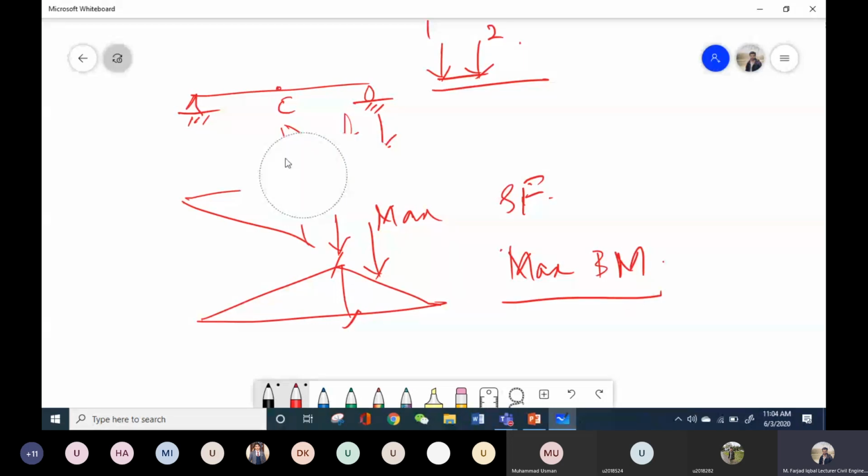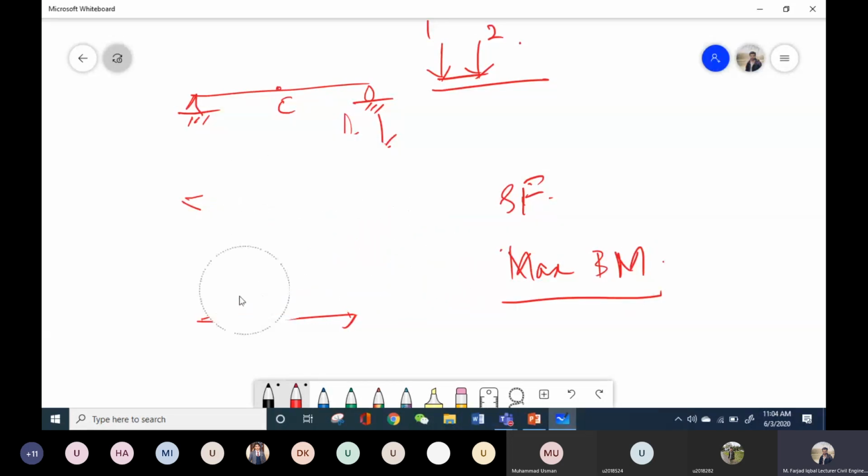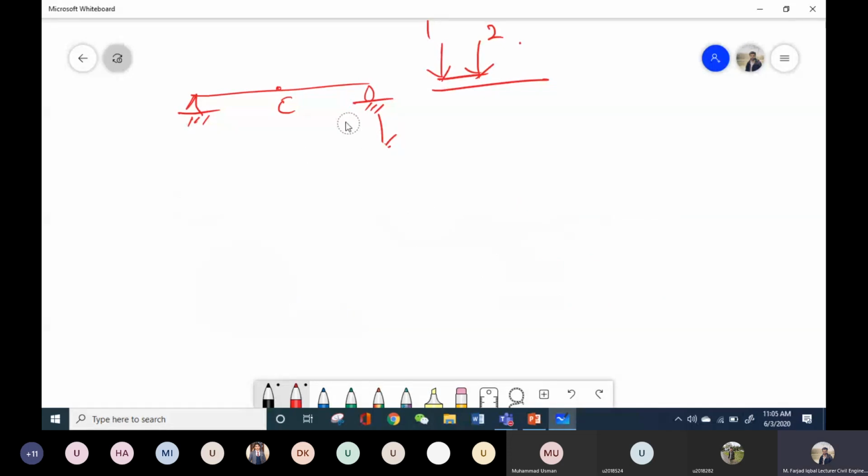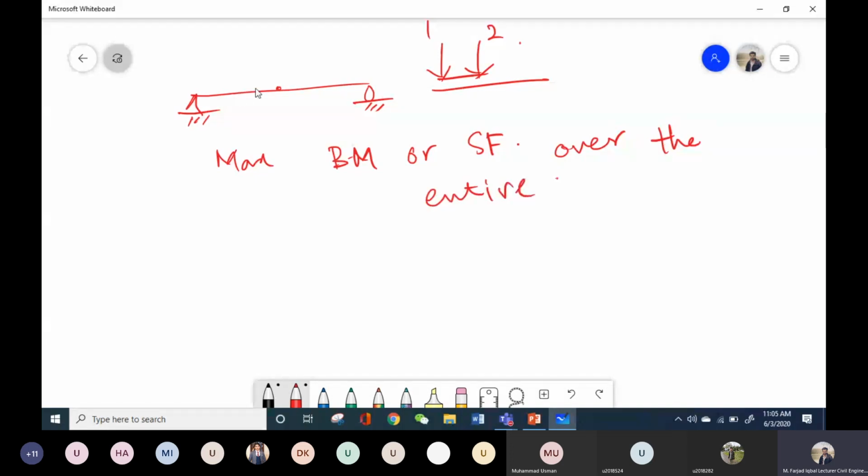But let's suppose now you have a simple beam, and the question asks you to give the maximum value of bending moment or shear force over the entire length of the beam. So in this case, you are not given any point, but you have to find a point.